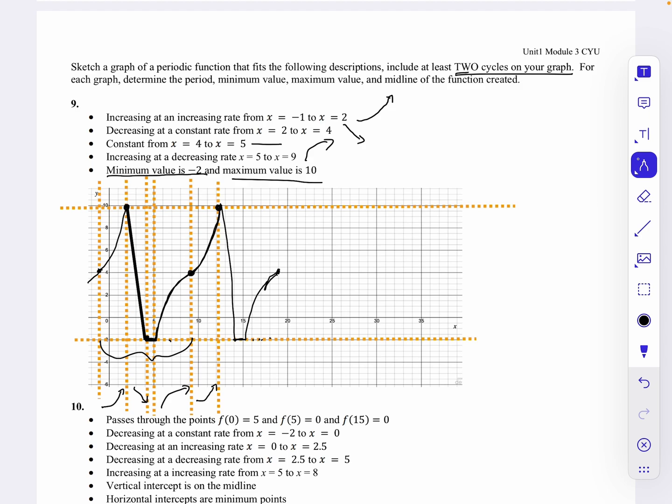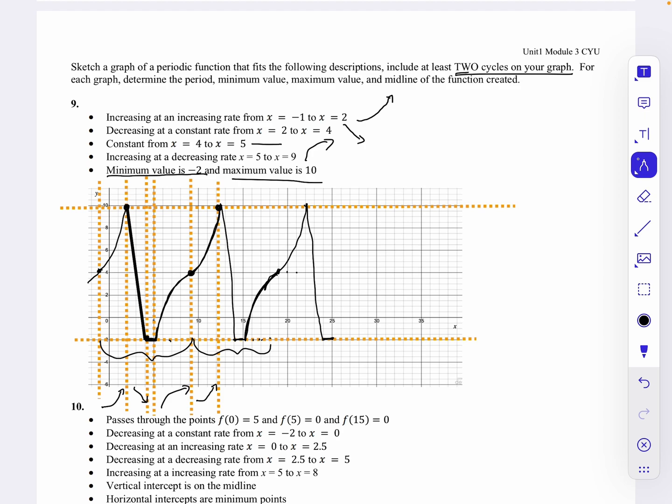Don't be shy about giving yourself guides to help you figure things out. And then, we could keep going. Technically, I've done my 2 periods. Here is period number 2, but I've got a lot of space on my graph, so maybe I continue it a little further, because why not? And you can keep that pattern repeating again and again, and it would keep going.